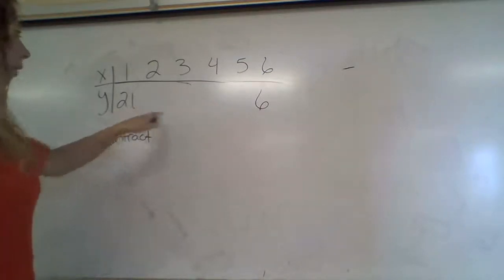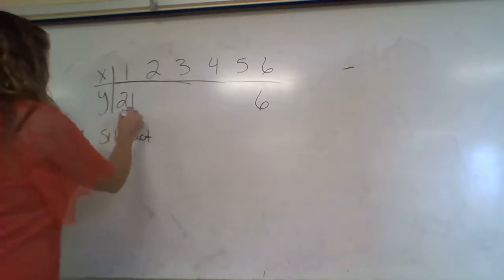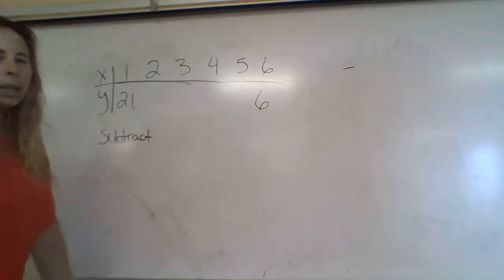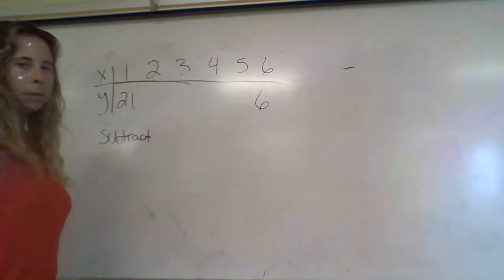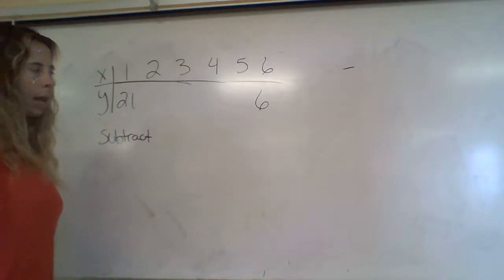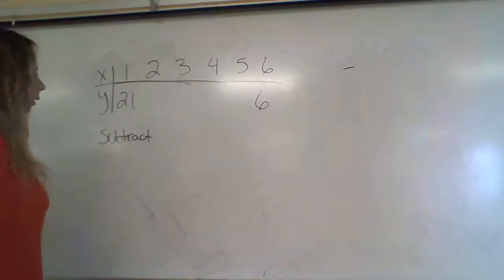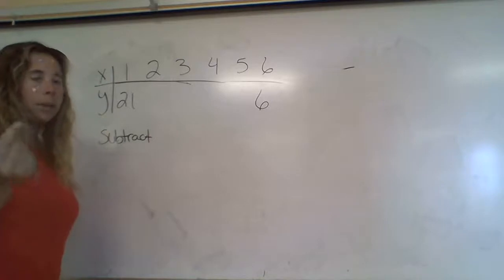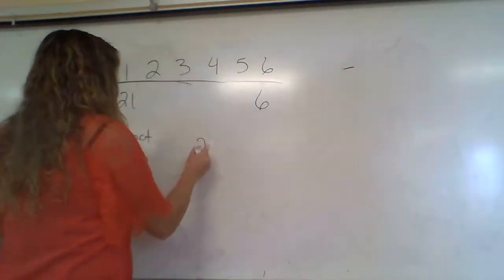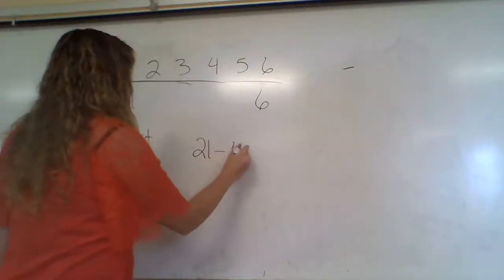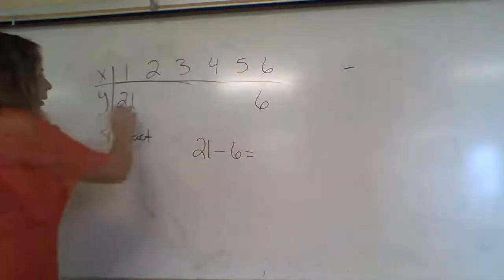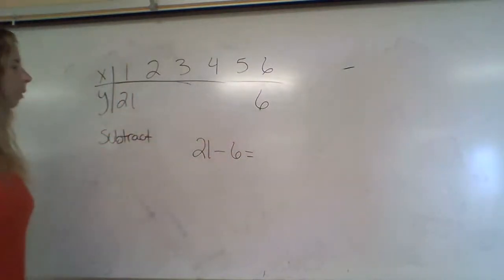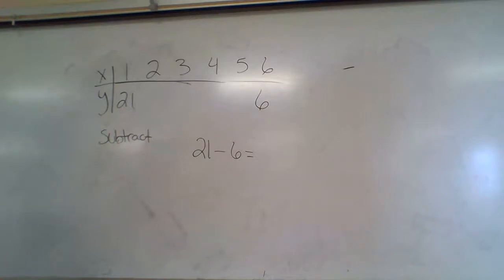So what are we subtracting? What is the difference between 21 and 6? How many cookies did I lose? I started at 21 and I'm down to 6. So once again, you can look at a number line, you can count on your fingers, or you can go 21 minus 6. What does that equal? 15.